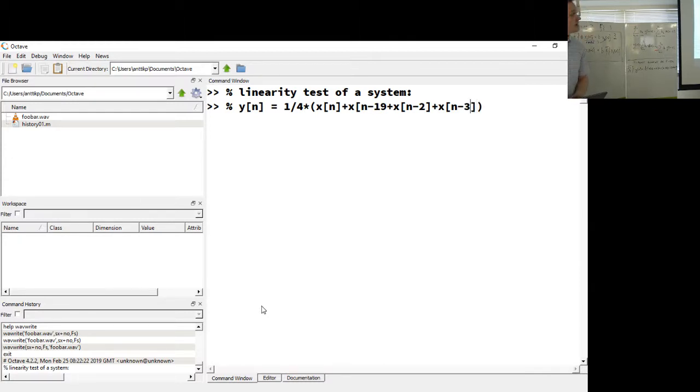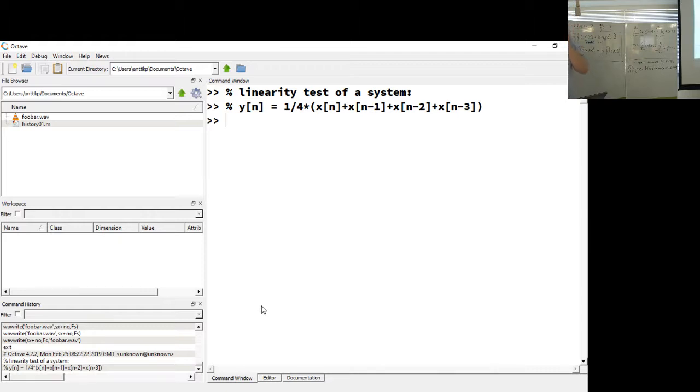This is just a comment line. So that's my system. What I would need is to generate these for calculations. Let me check if there is a delay operation in Octave.